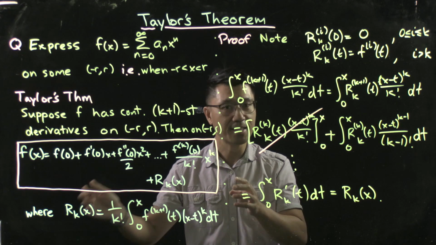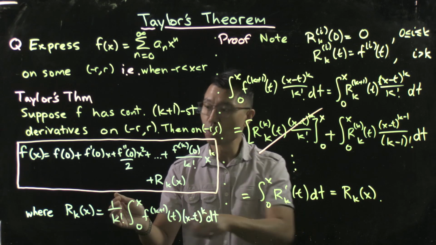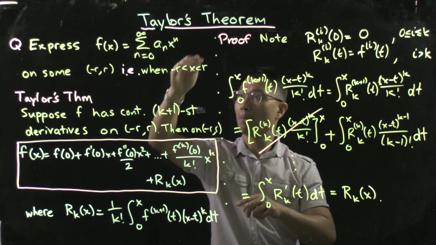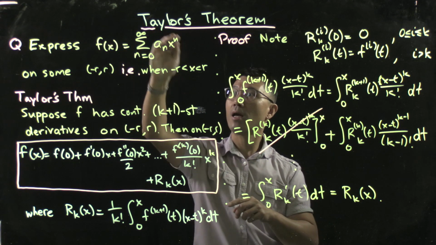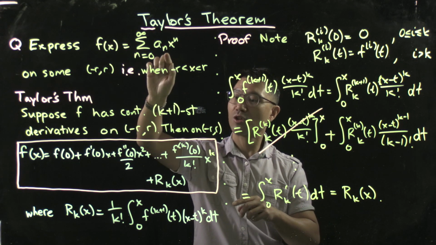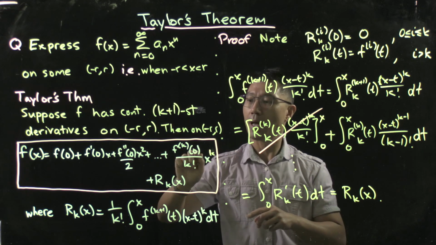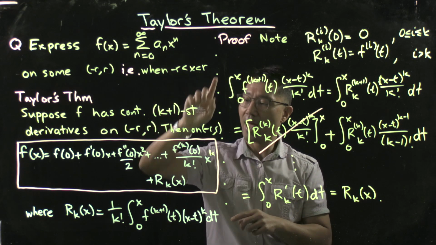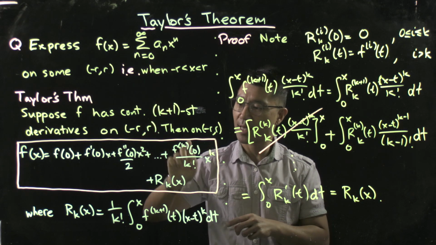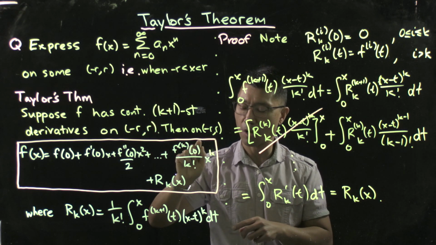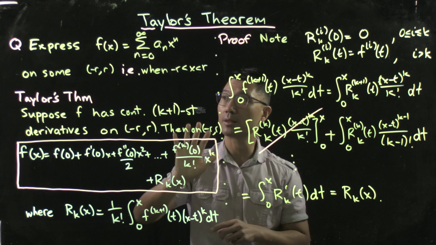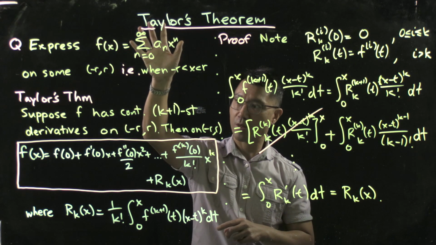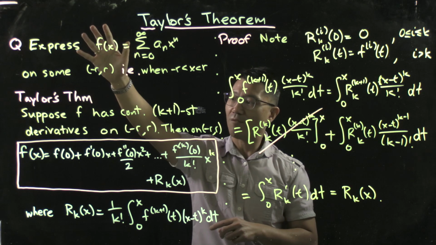If you can show that as k goes off to infinity, this goes towards 0, then that means that when you look at the corresponding power series, where the nth term is going to be given by a_n x to the n, where this coefficient a_n is the nth derivative of f at 0 divided by n factorial. Okay, suppose you have that. In that case, f of x is equal to that. For what values?